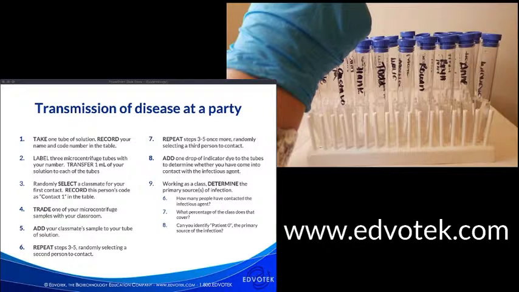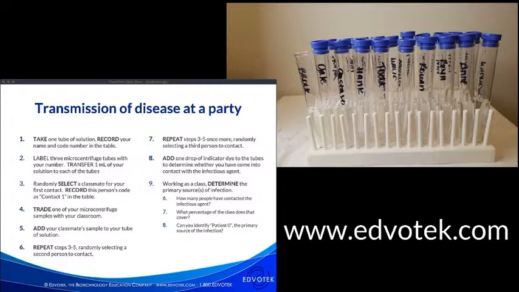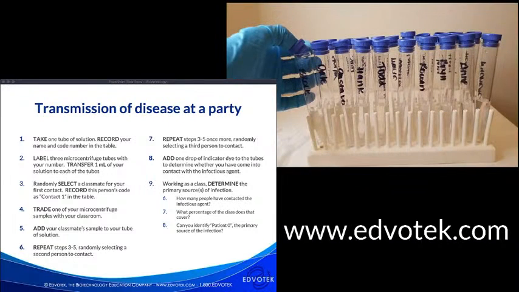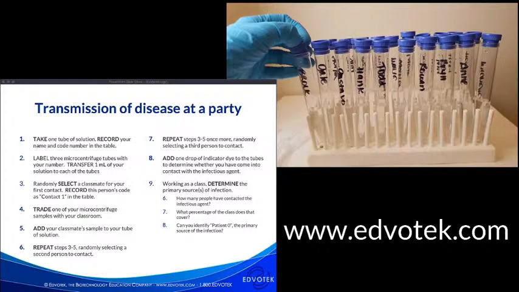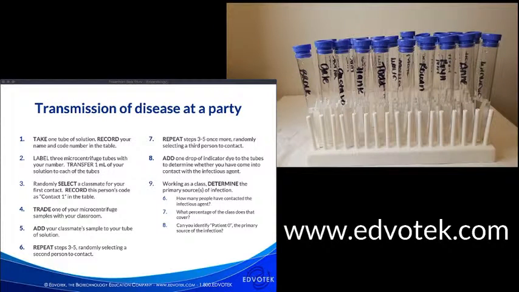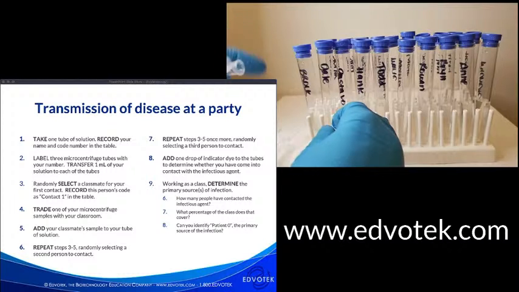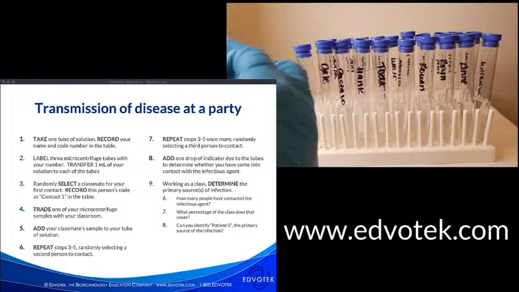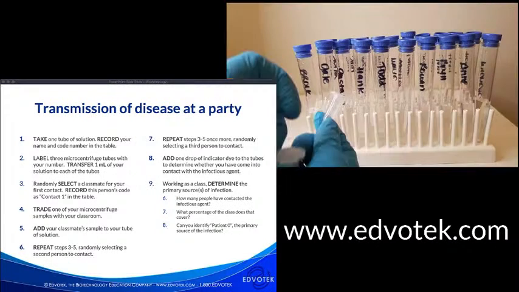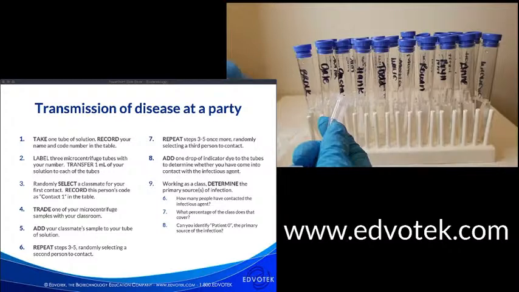Now we would repeat that 2 more times, so it's 3 times in total. Again, we are removing all 3 of the samples into microcentrifuge tubes before joining the party. We're only going to be able to mark the spread of who came with the disease, right?